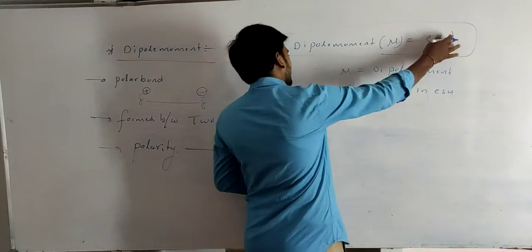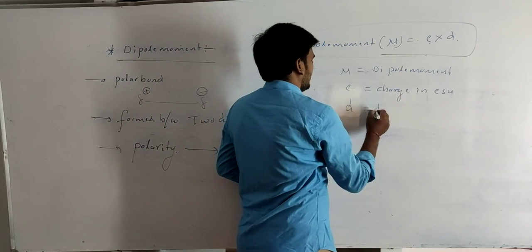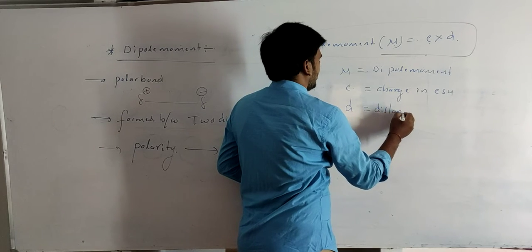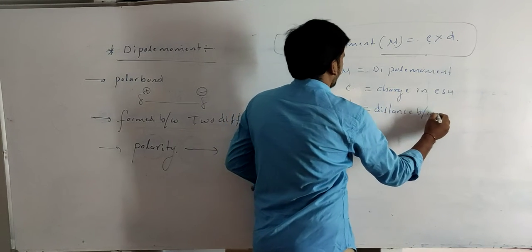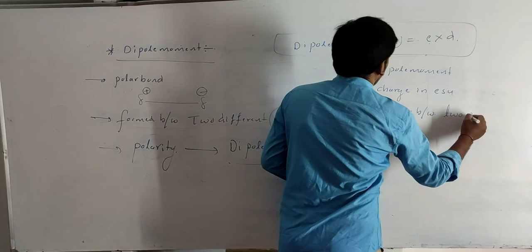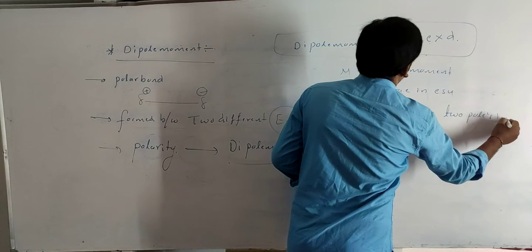Next, D means distance, distance between the two poles, in centimeters.